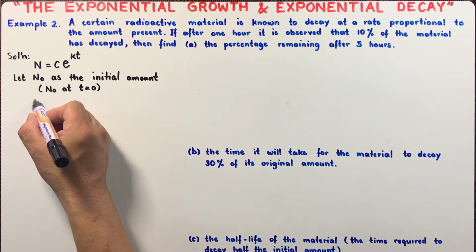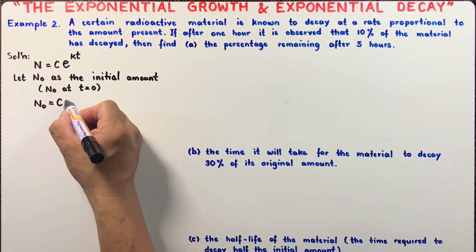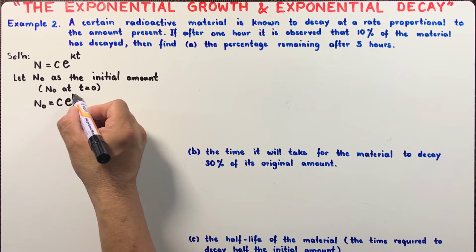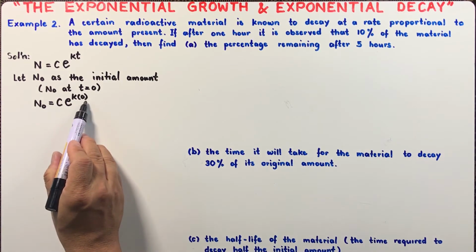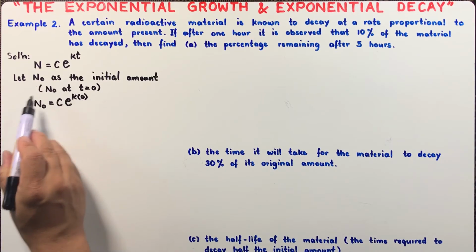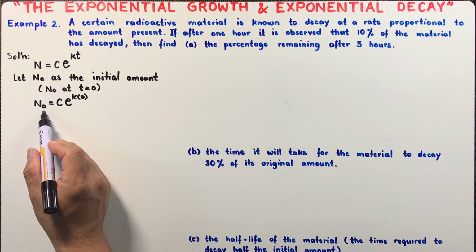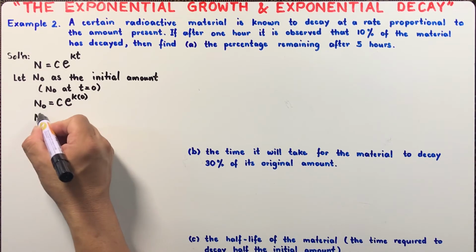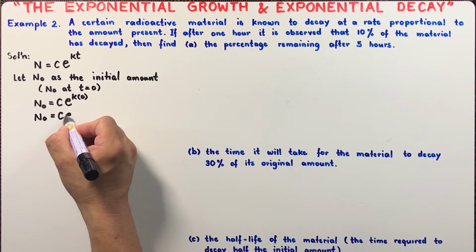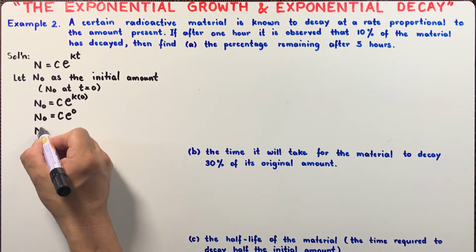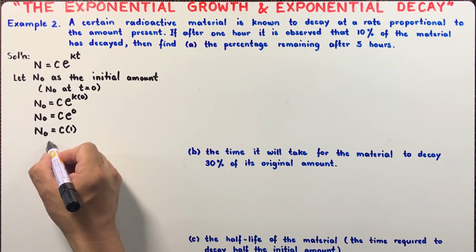So we have N sub 0 is equal to c times e to the power k times 0. Our time is 0 because that is the initial time and the amount was N sub 0. So multiplying 0 to k, we have e to the power 0, and e to the power 0 is 1.